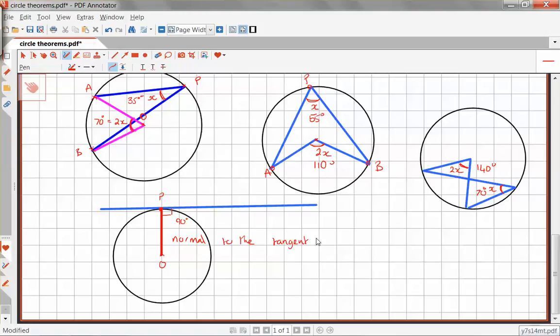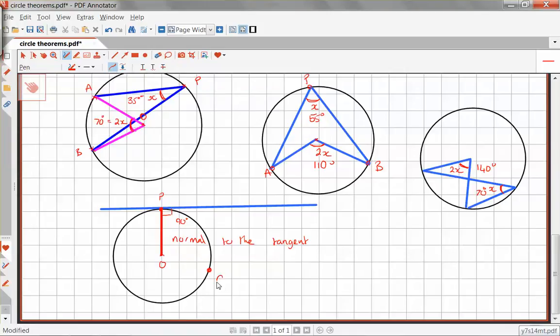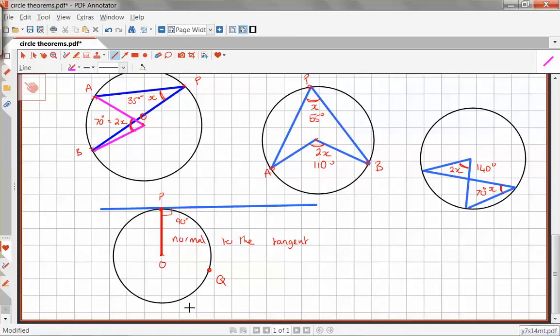And one other thing about it before you draw is if I pick a different point, so let's say I pick this point here, Q, and I draw another tangent at Q, so let me just try my best. That's rubbish. Right, so that's about a tangent.